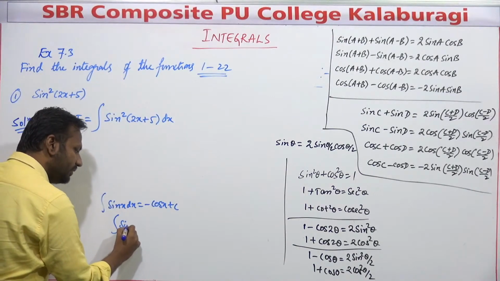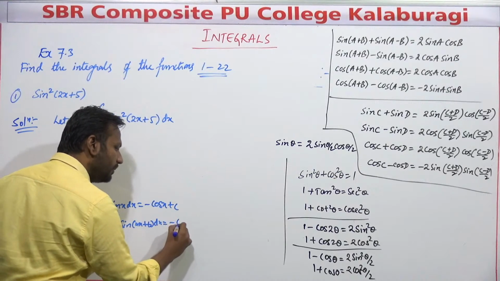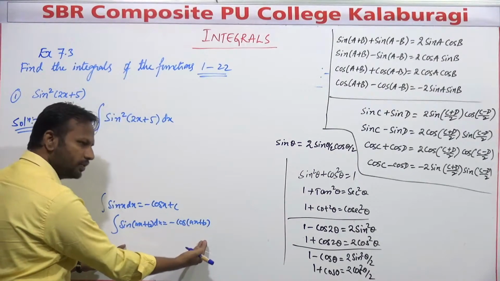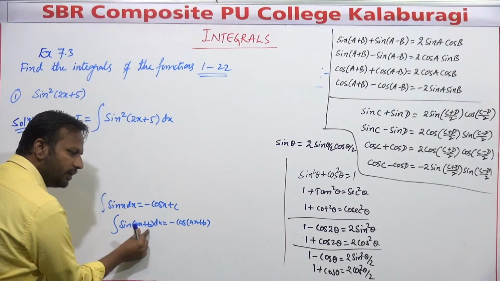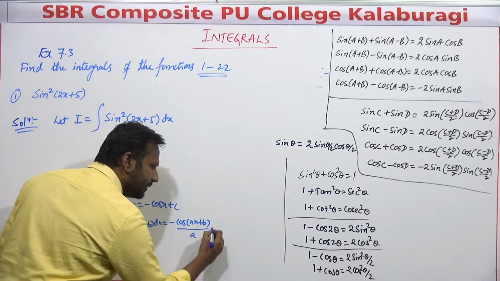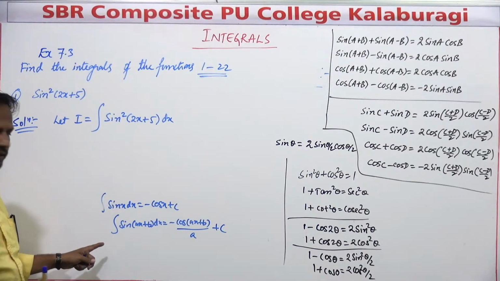If we have sine of ax plus b dx, we have the formula minus cos of ax plus b. Now differentiation of the inner function, differentiation of ax plus b is a, that we have to divide by. You know the things you come across in the substitution method, second exercise.